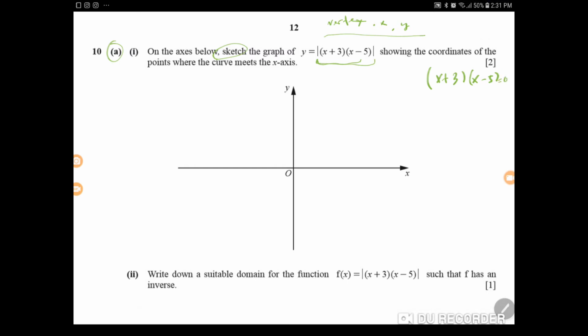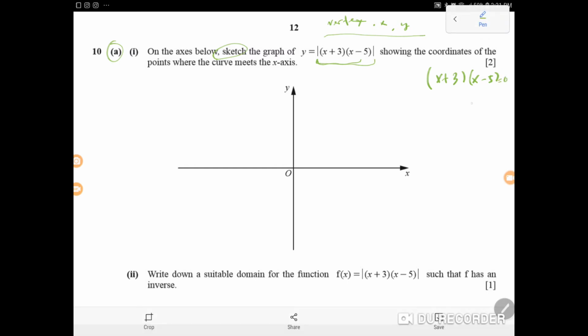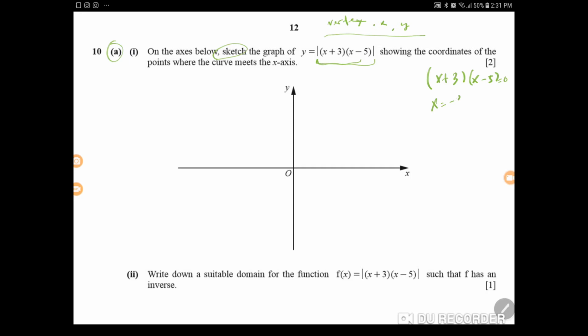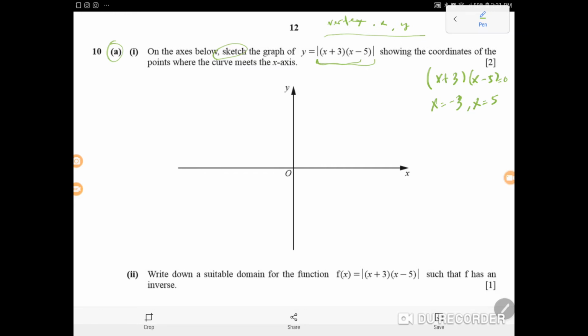So x equals -3 and x equals 5. By the way, if you are a secondary 3 student and you don't know this yet, it doesn't matter, because in the near future you will know all these things.